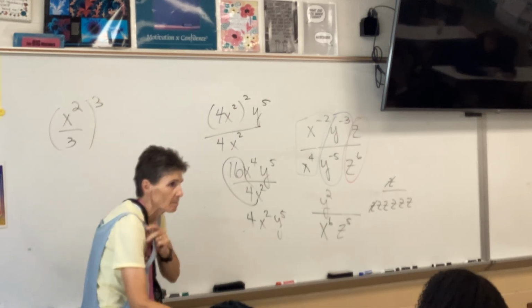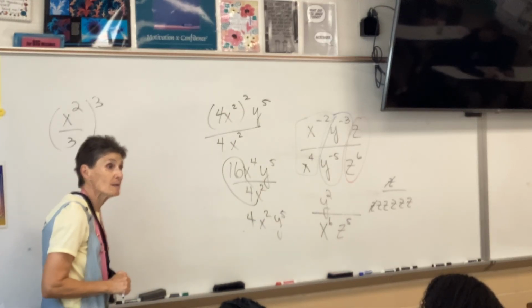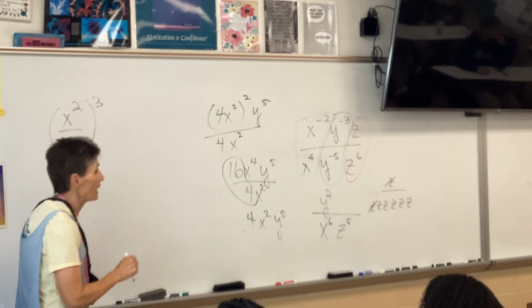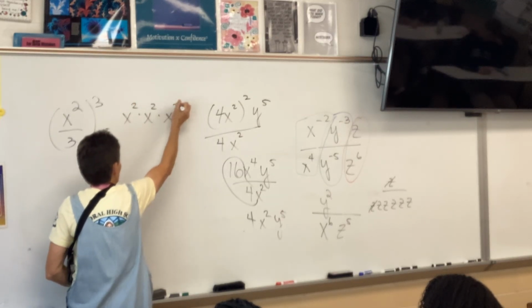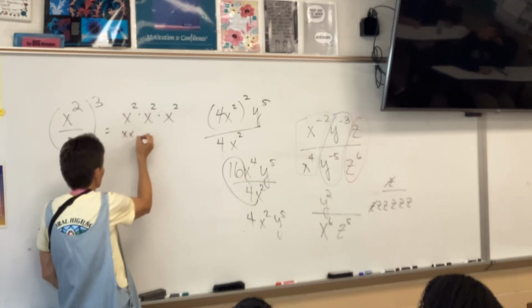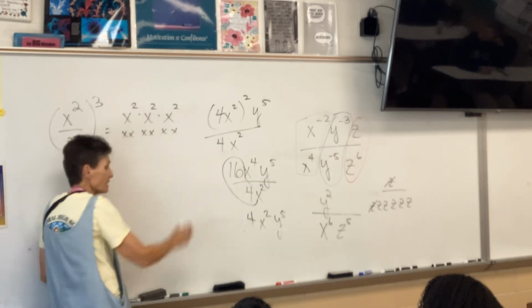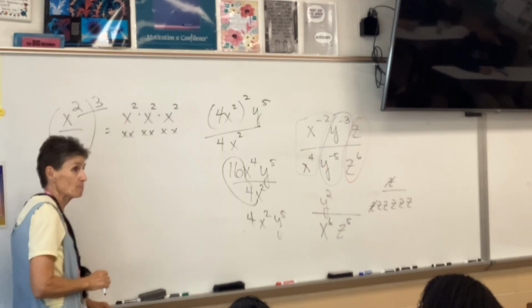When we say take something to the third power, what does that mean? We multiply it times itself 3 times. So that means x squared times x squared times x squared, doesn't it? And that's xx, xx, xx. How many x's do I have? 6. I multiply those exponents.